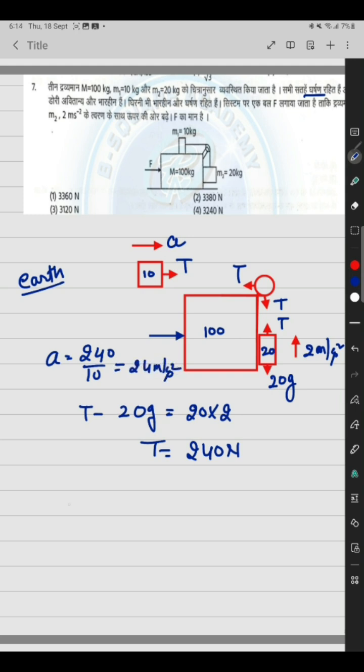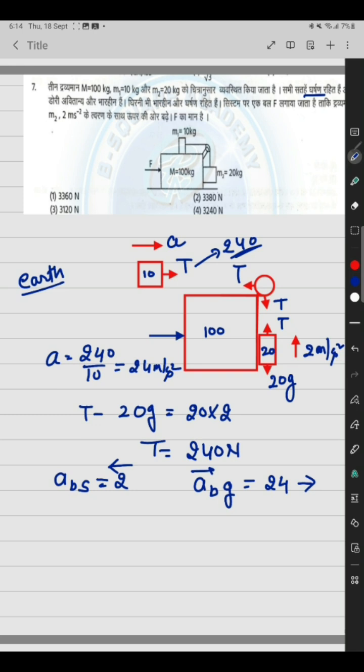Now we know the acceleration of the upper block 10 kg with respect to the system is 2 in this direction. 2 upward means 2 down, 2 backward direction, and the acceleration of the block with respect to ground is 24 meter per second square in the right hand side, because the tension in the string is 240.